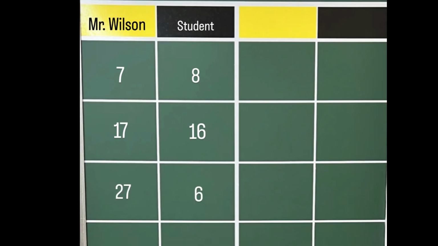Things are about to get tricky. Mr. Wilson and the student, we're about to shuffle down again. After our round of shuffling 4 biscuits each, the score is now 27-6. Think about if you can explain what has happened here. If you remember some of the rules from earlier, you know that if my team has 27 points now, that means I scored a total of 10 points on the way down.